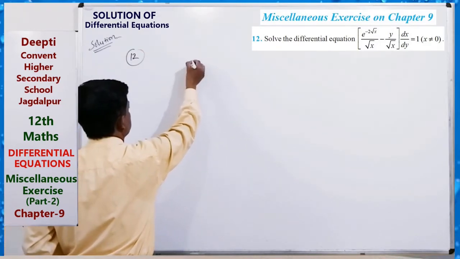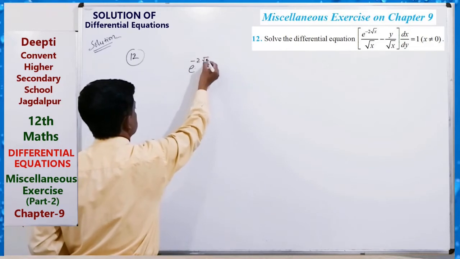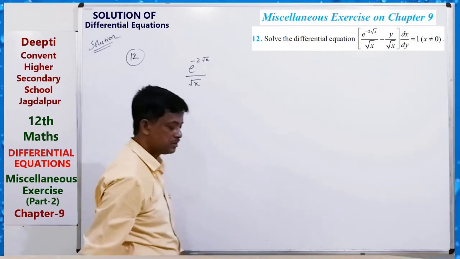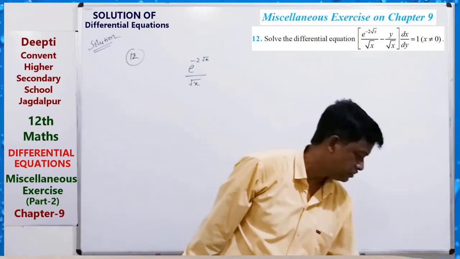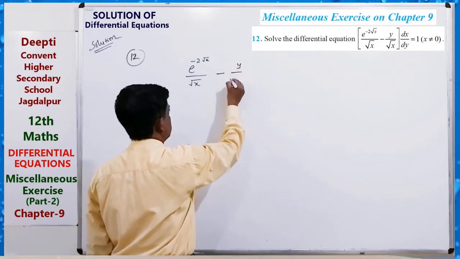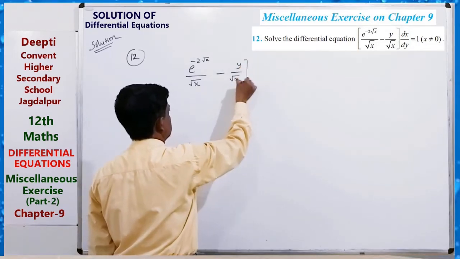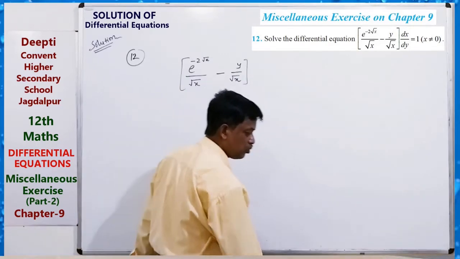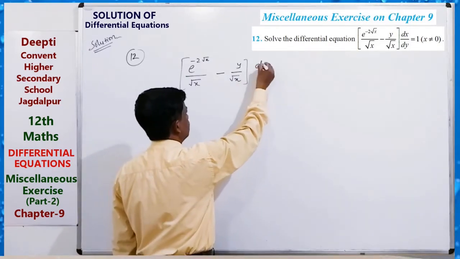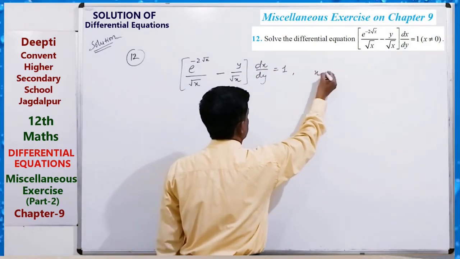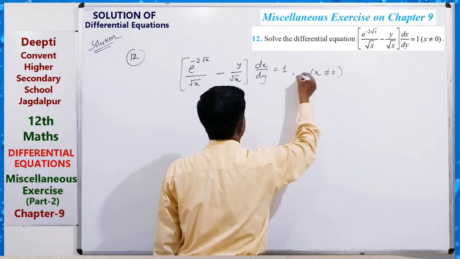e to the power minus 2 root x upon root x, minus y by root x, times dx by dy, equals 1, where x is not equal to 0.